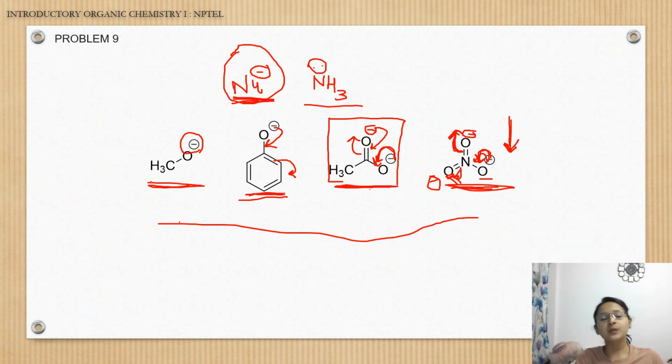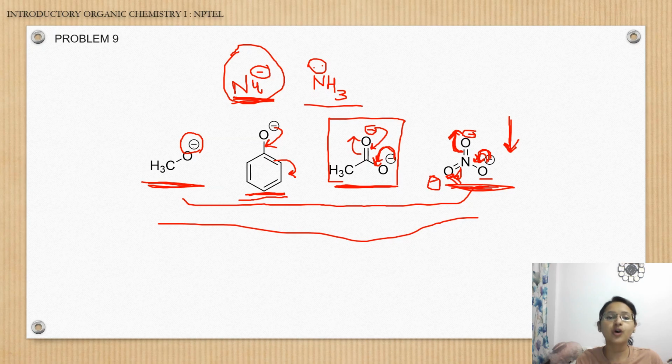And can you tell me which will be the most nucleophilic species here among these four? Most nucleophilic. Most nucleophilic I'm talking about. See, among these three, not among these four, most nucleophilic will be this methoxide, because this oxyanion is not at all in conjugation, in resonance, or in any other thing.